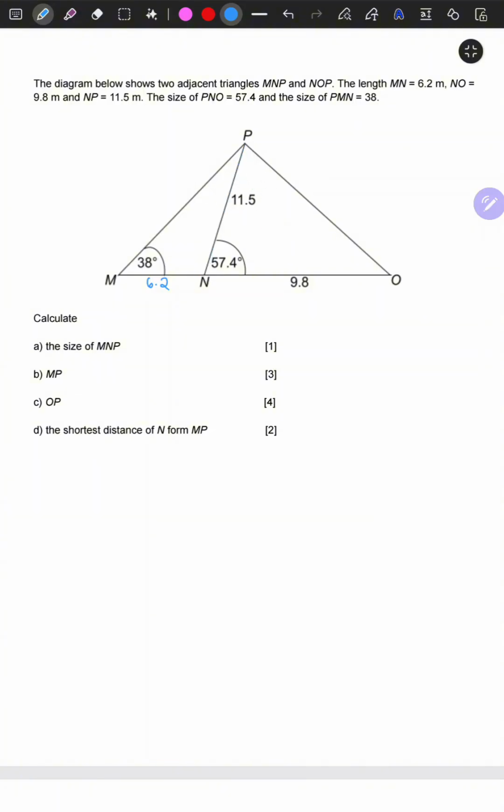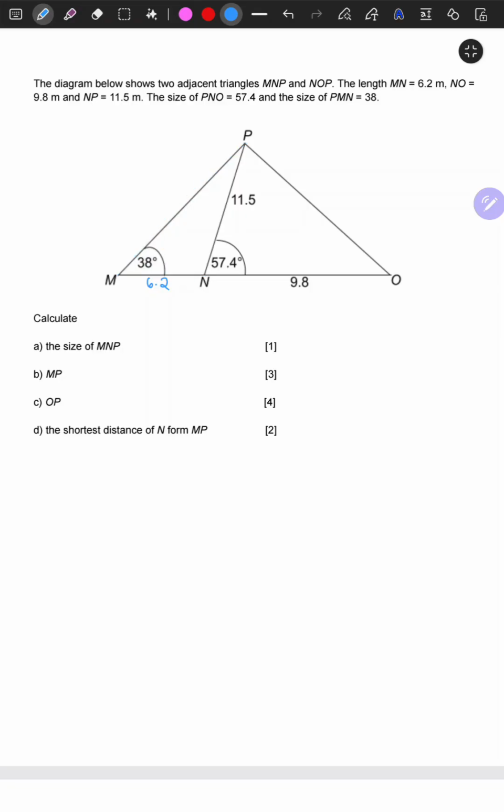Those are already labeled. The size of PNO is equal to 57.4, that angle there, labeled as you can see, and PMN is equal to 38, which is there and labeled.